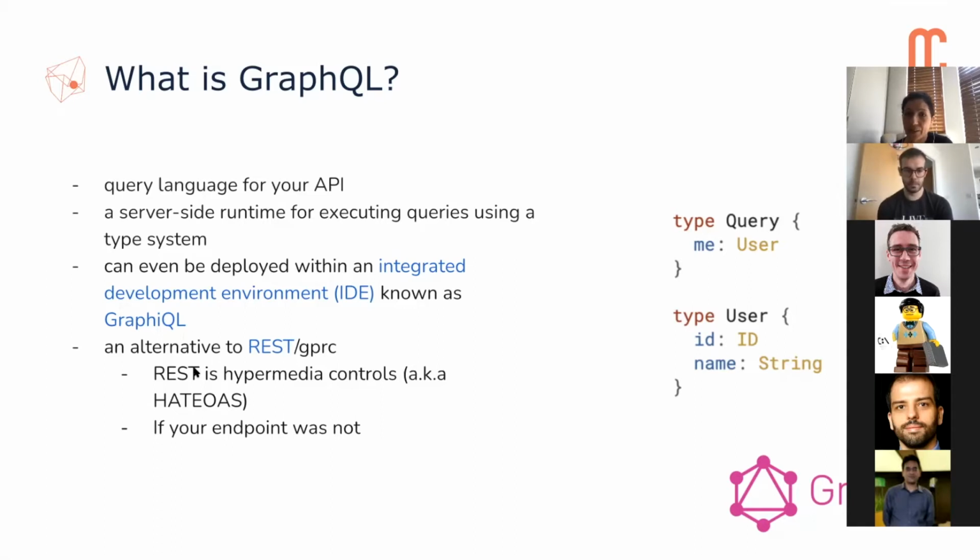gRPC. REST was supposed to be offering the hypermedia controls, HATEOAS. So if you want to describe what you want to say to the internet, like show me how to submit my mortgage application or give me this information, it was explicitly described. If your API is not supposed to be doing that, it doesn't have to be defining what it should be doing, then GraphQL may be the solution for it.